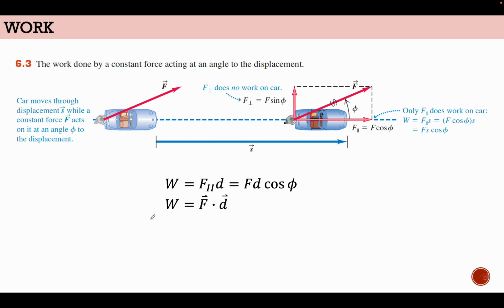Okay, so how about if our force is acting at a specific angle with regards to the displacement? In this figure, figure 6.3, we have a car that moves through a displacement S. In this case, they are using the symbol S for the displacement instead of D, but here we will be using D as the variable for the displacement.